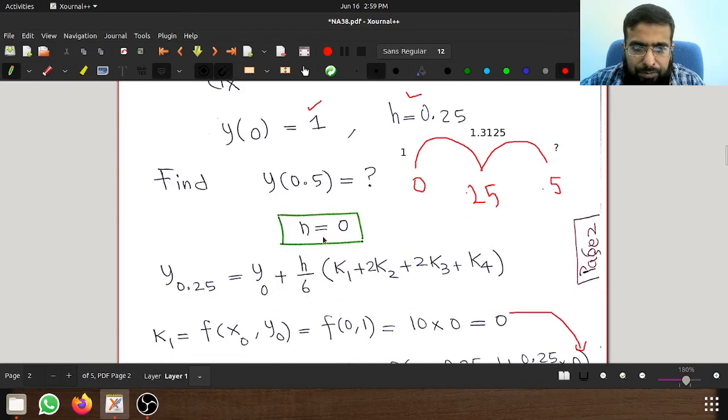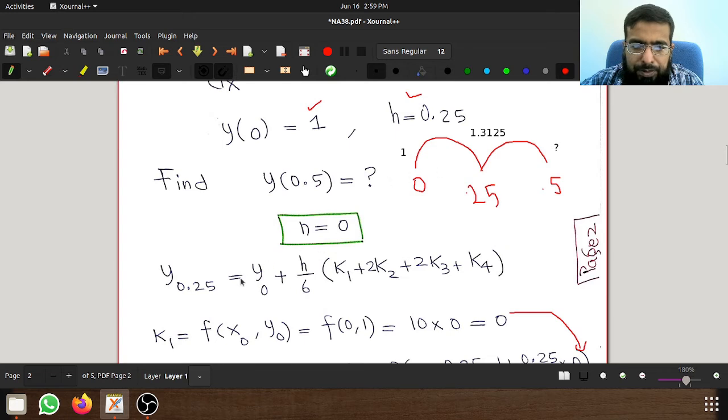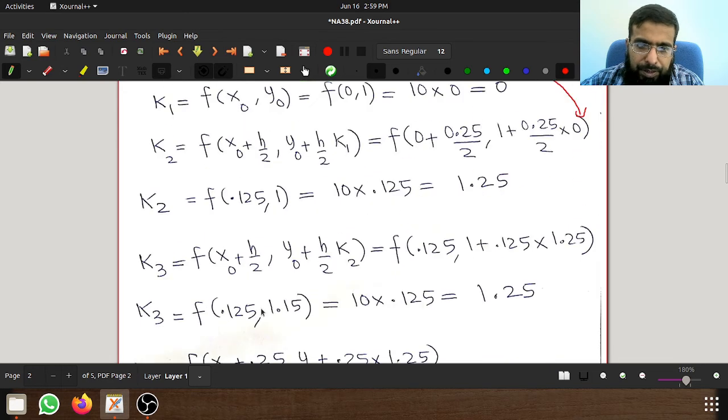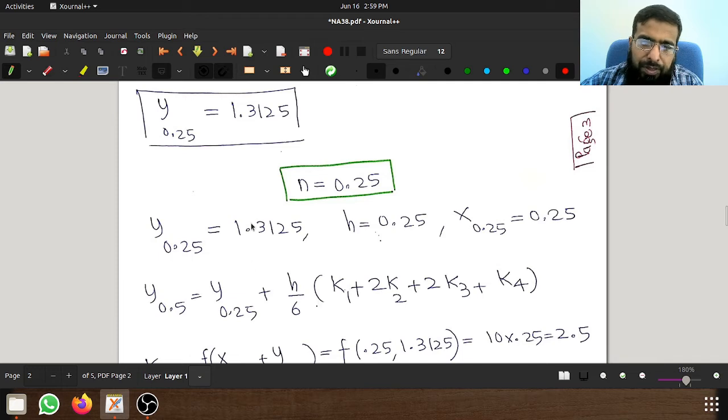For n is equal to 0, starting from n is equal to 0, we have reached y at 0.25, and then we'll start from 0.25. We'll try to reach 0.5 by taking a jump equal to 0.25.